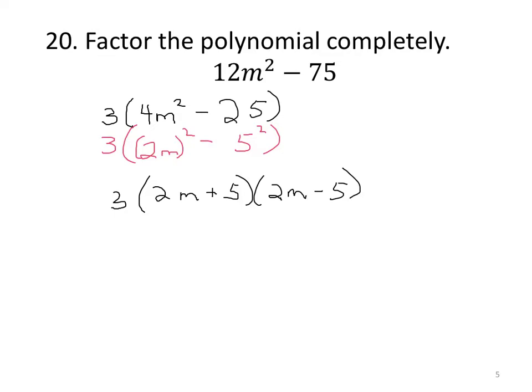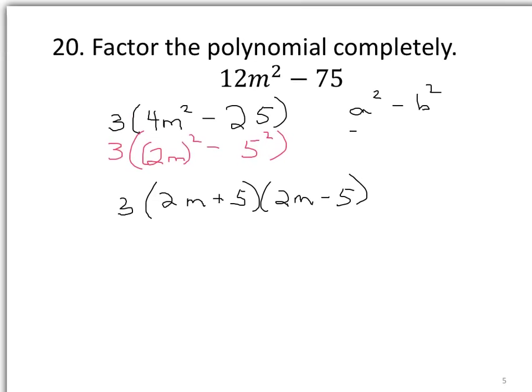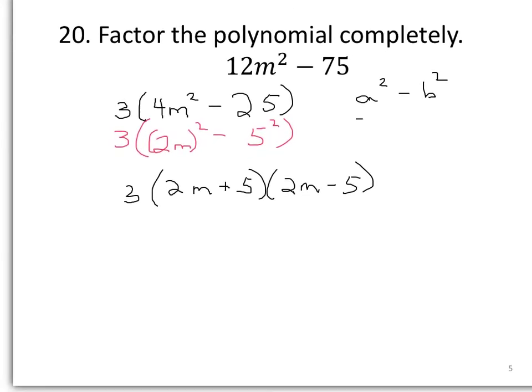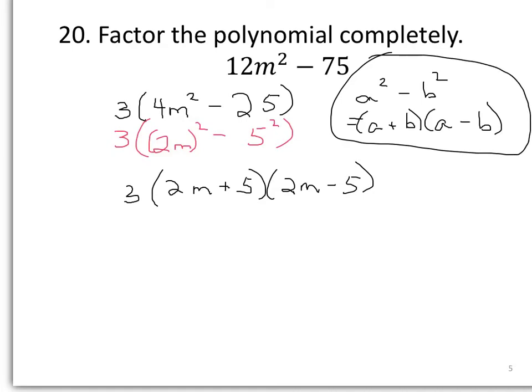Because the formula for the difference of squares is if you have two perfect squares that are subtracted, that's going to be adding the bases, a plus b, and then subtracting the bases, a minus b. So that's the formula that you need to use for factoring perfect squares.